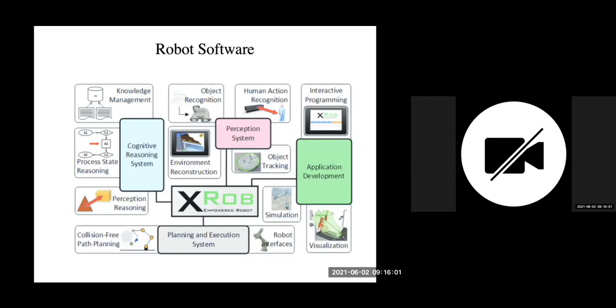It also supports environment construction, like SLAM, and object tracking. I don't want to go into too much detail here, but it involves different levels and the different components I mentioned before, for example the sensing component and the control component.